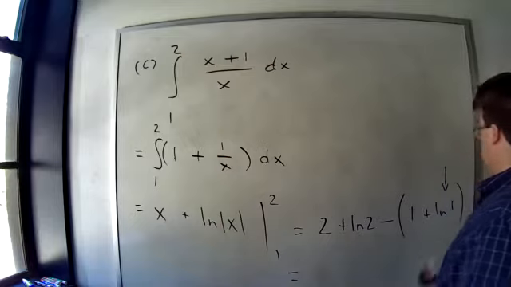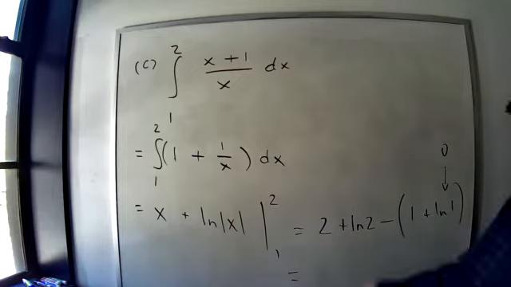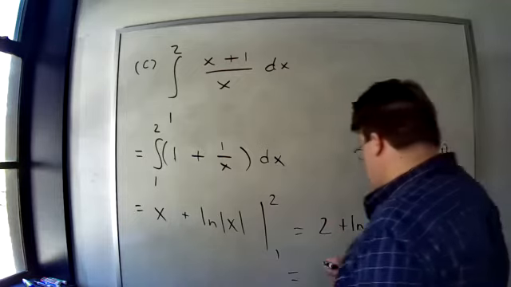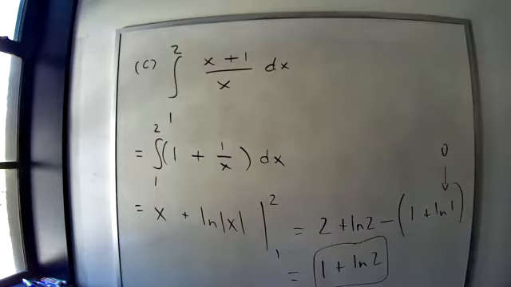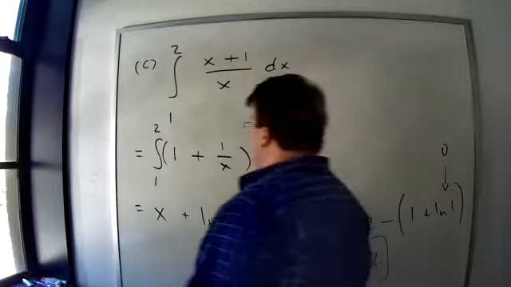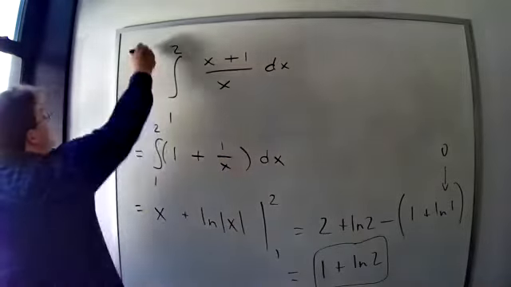So it's 0. And now what do we get when we combine the numbers? 2 minus 1 is 1. Log 2 is log 2. Any questions about that one? And this was D.